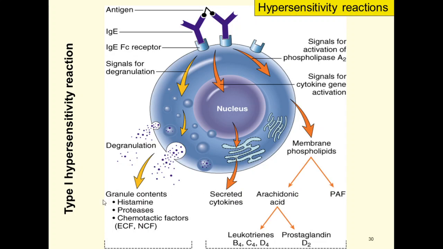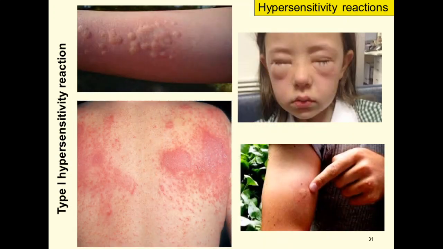Primary mediators: histamine, the main one, proteases, chemotactic factors, cytokines, leukotrienes, and prostaglandin D2. Here the most important is prostaglandin D2. So, examples.